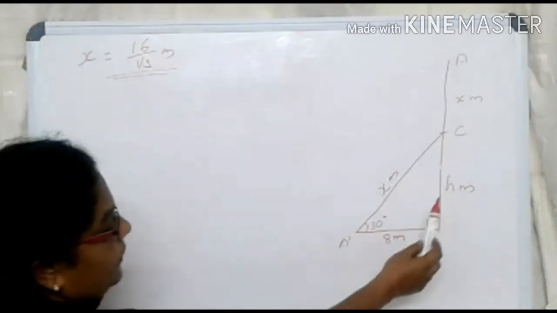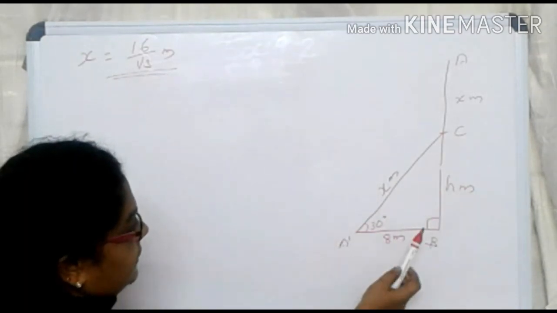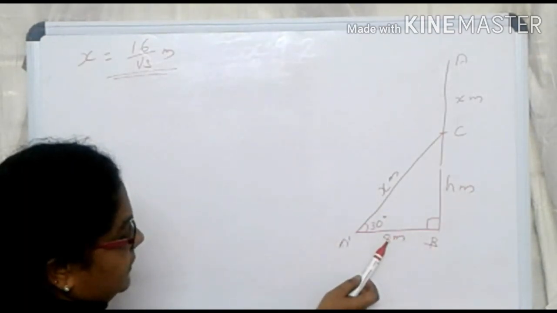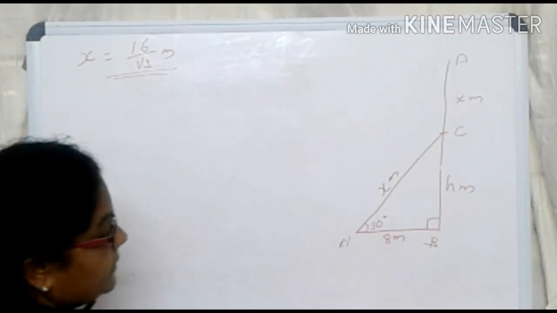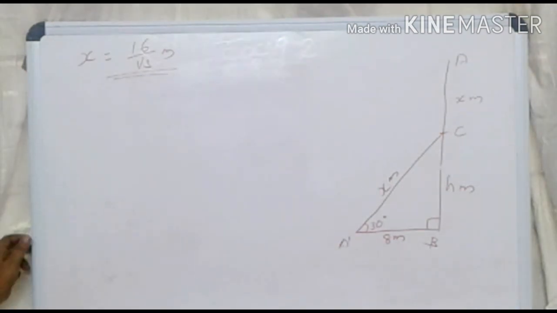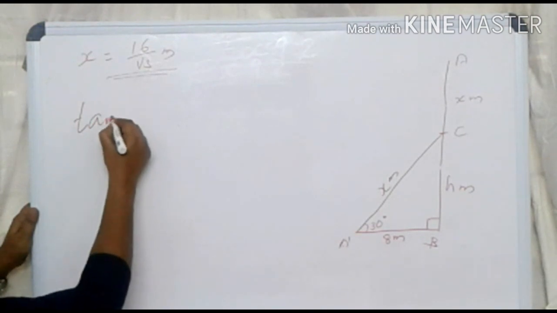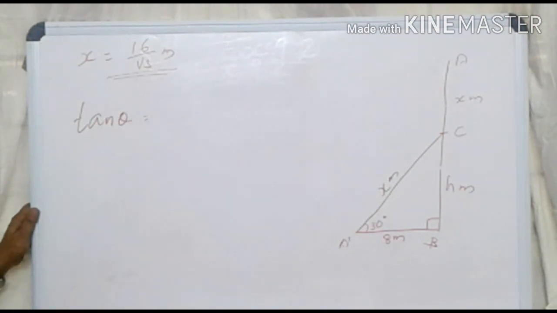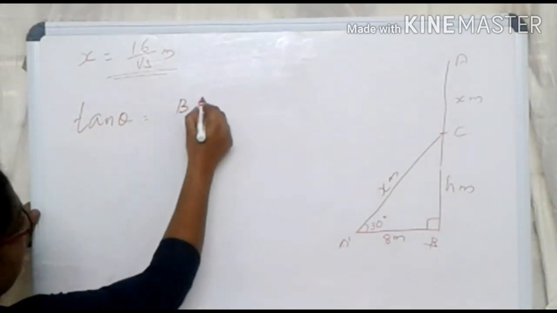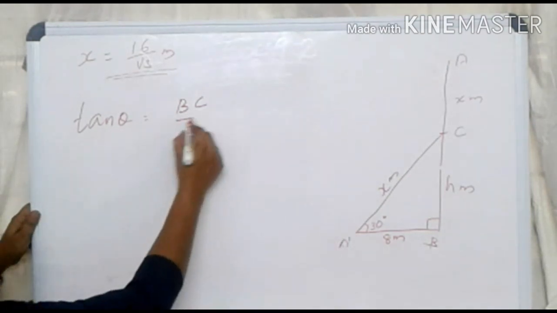Now we have to find the value of h. This is h, the opposite side, and this 8 meters is the adjacent side. So which trigonometric identity do we use? Tan theta. We know tan theta equals opposite side by adjacent side.